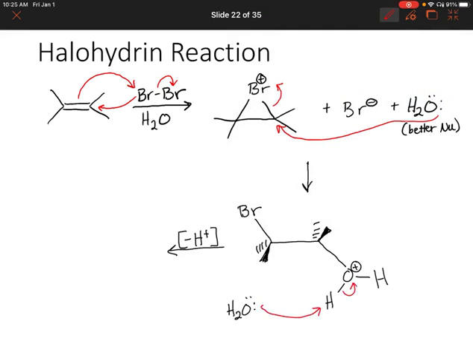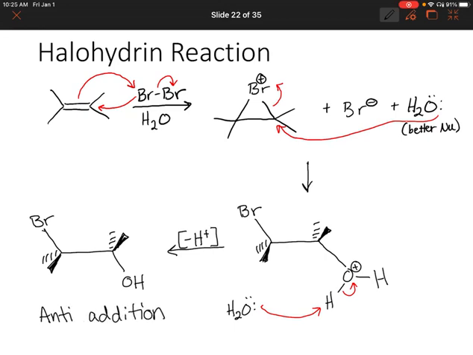So we would have excess water available to do that. All right, so then our final product has an alcohol on one side and a halogen on the other. And again, this is anti-addition, because the water molecule again has to come in from underneath the bromonium ion, or the backside.